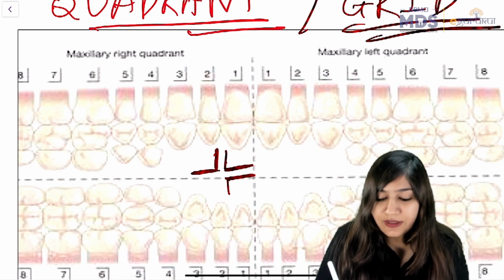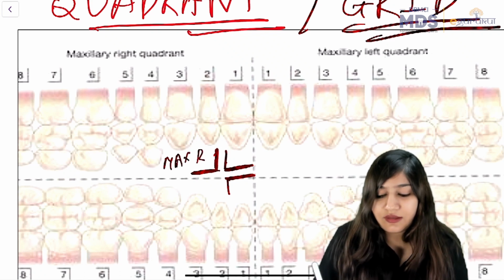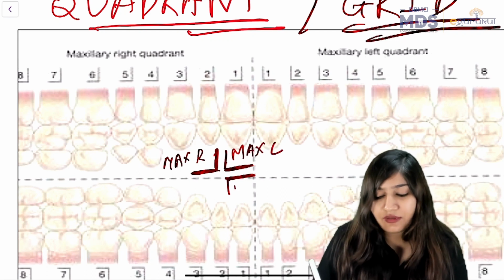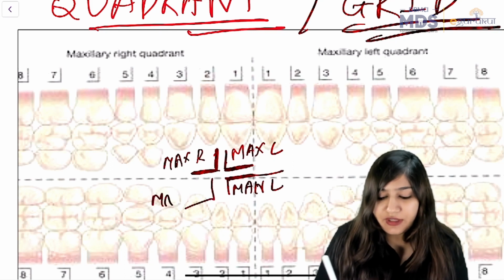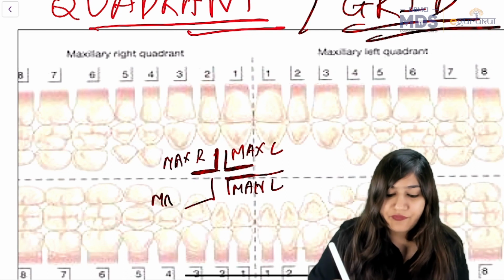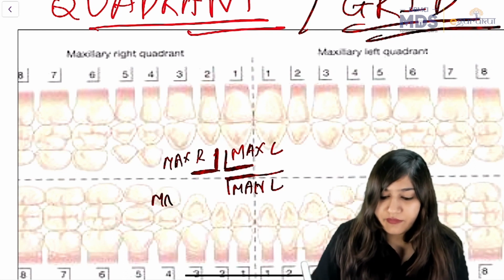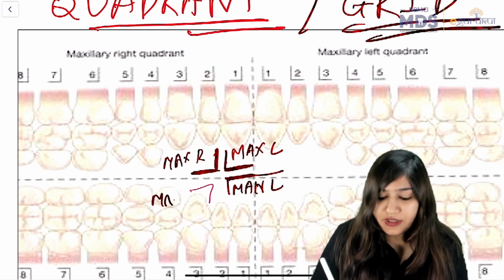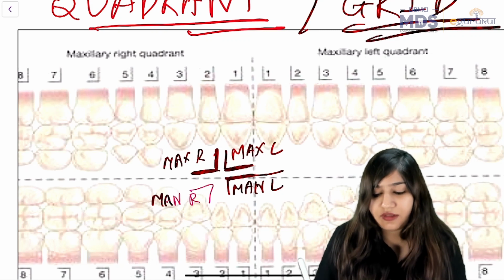So this is our maxillary right, maxillary left, mandibular left and mandibular right.